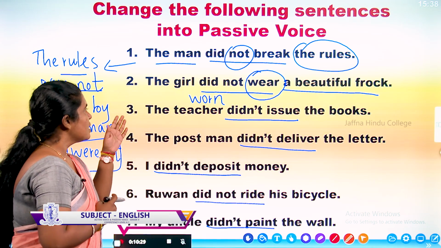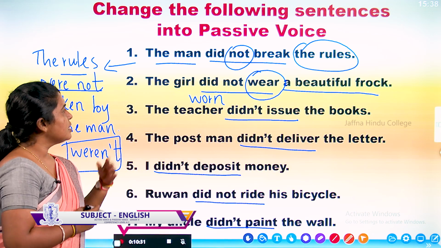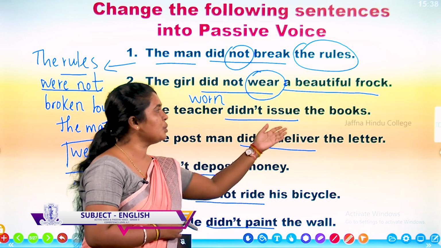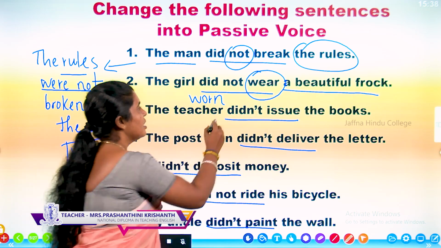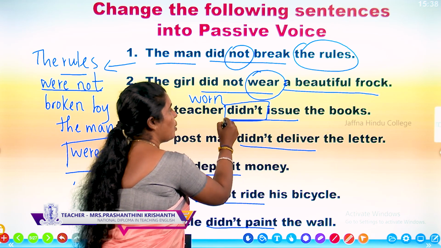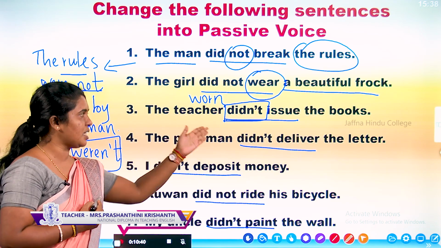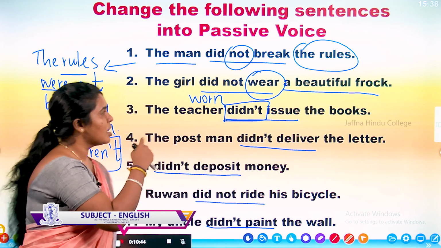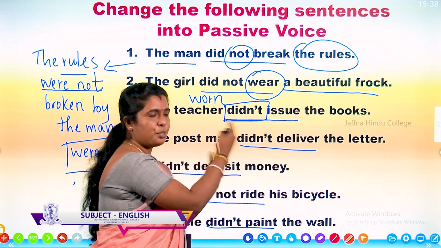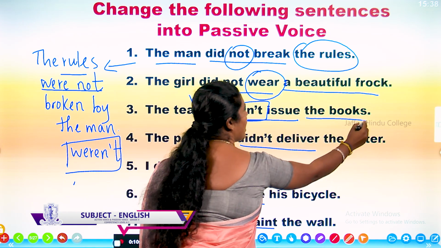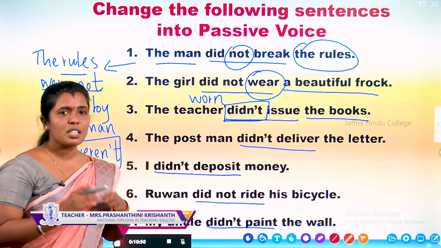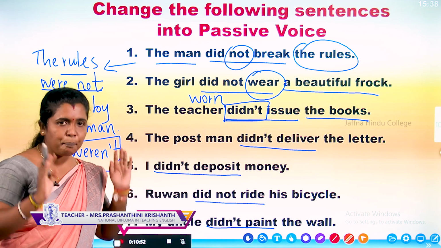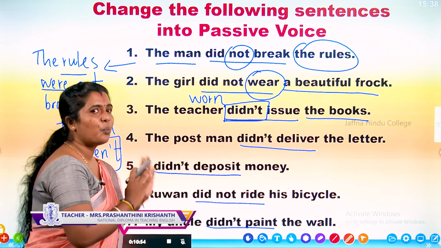Okay. See the third one. The teacher didn't issue the books. Here I used the contracted form, did not, right? Didn't. The teacher didn't issue the books. So you have to take the object first. What is the object? The books. So definitely the books means the plural, so you have to use were.